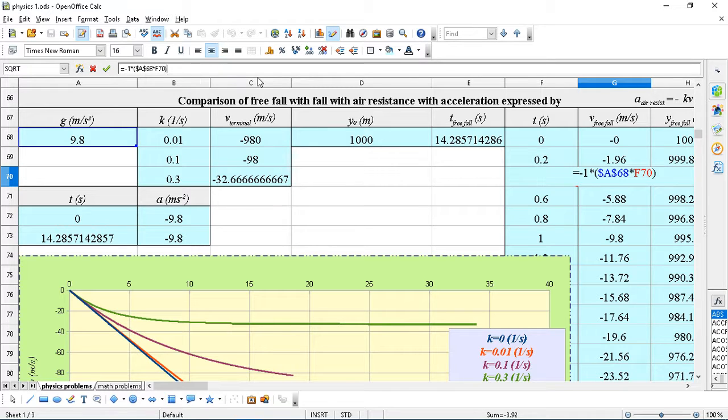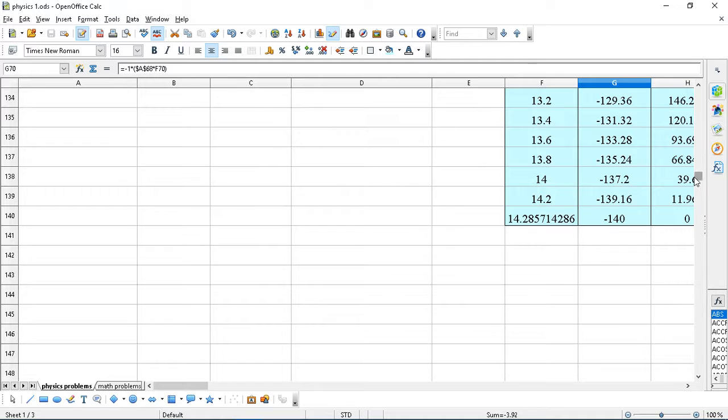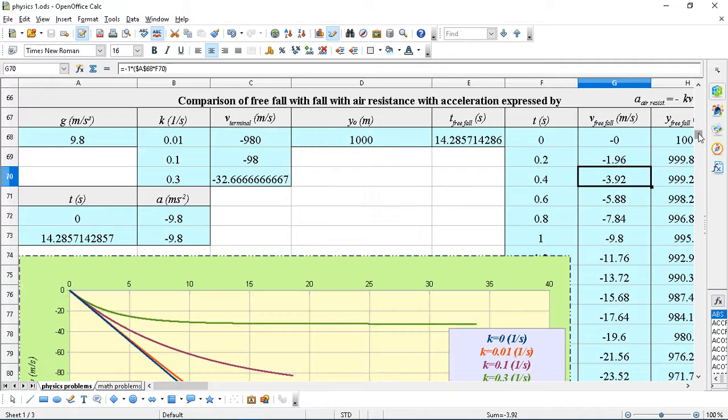And F70 corresponds to the respective time value for cell F70. So these values go down from 0 to the free fall time given in cell E68.